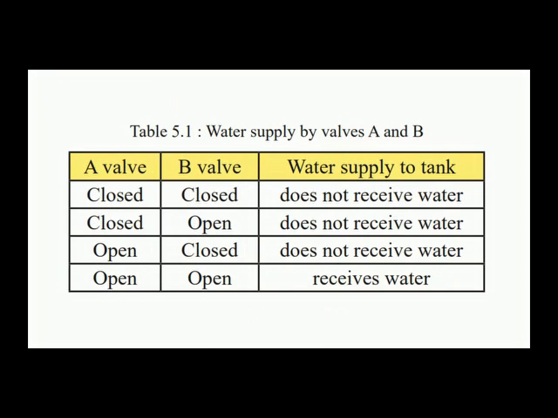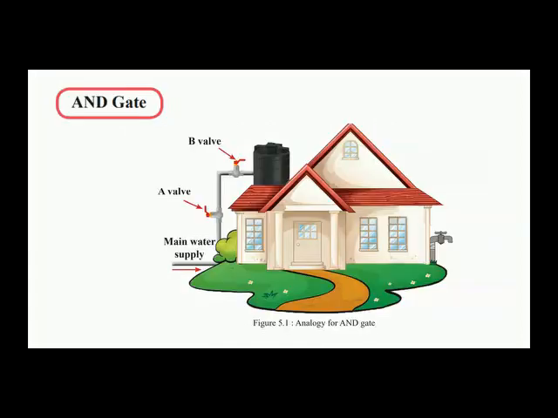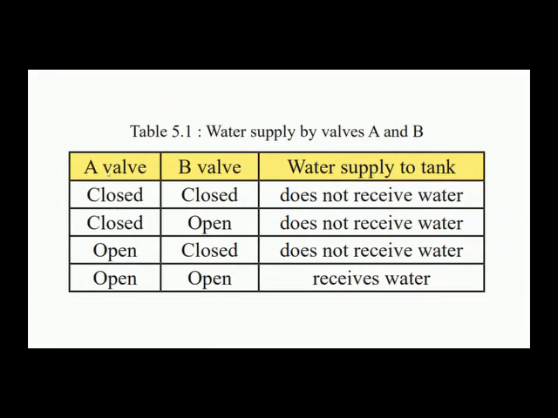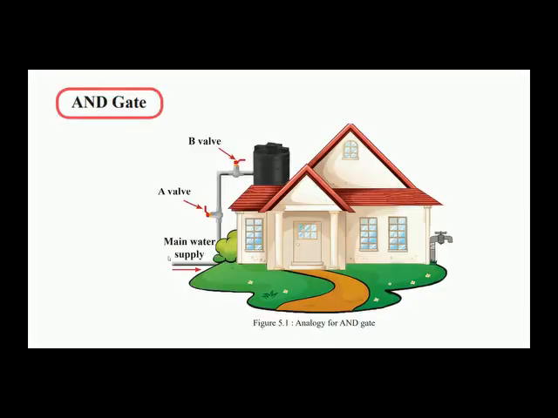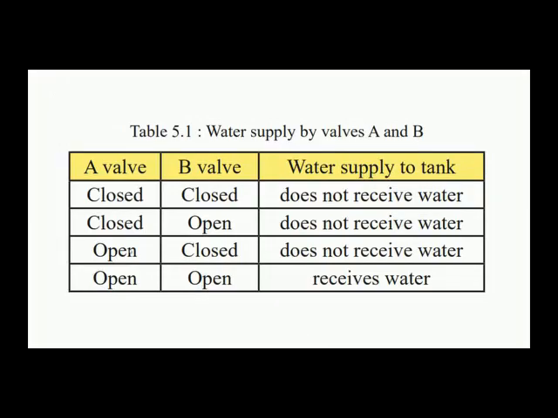Now I'm going to describe what I described here in a table. If the A valve is closed and the B valve is closed, the tank does not receive water.